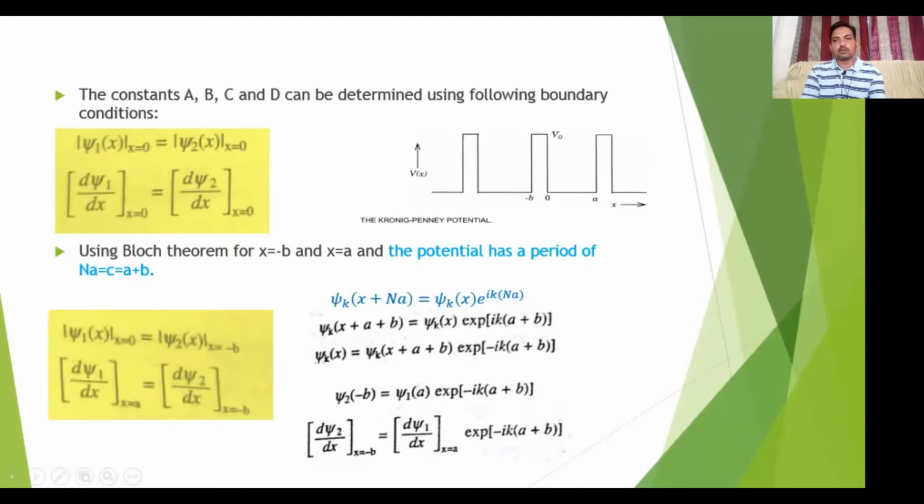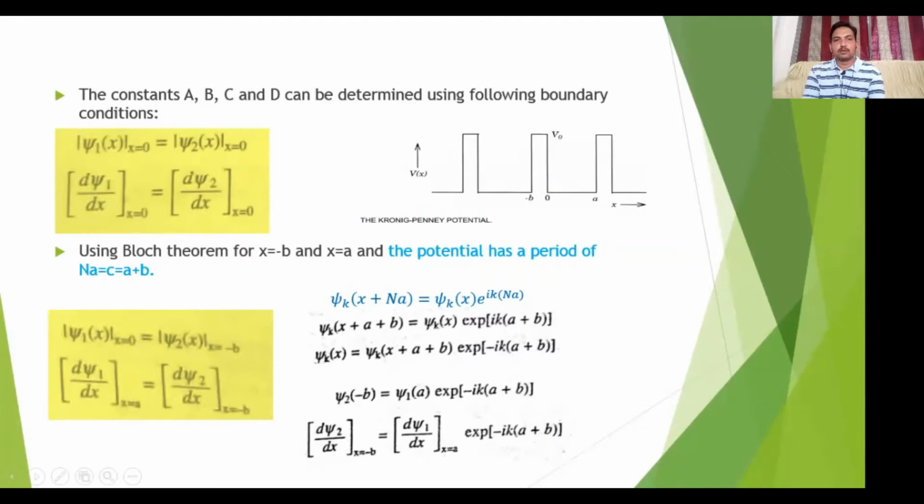At this point, where both regions are combining, the point 0 is common between region 1 and region 2. Both regions are connected with each other, so their wave functions have the same value at their point of interaction. So the first boundary condition exists at the origin.